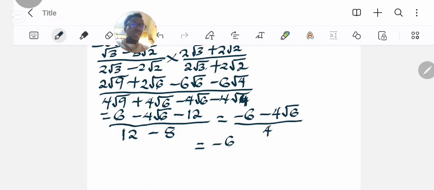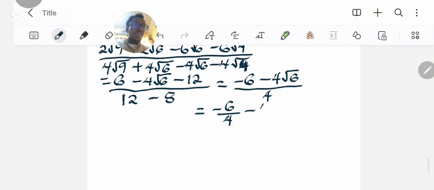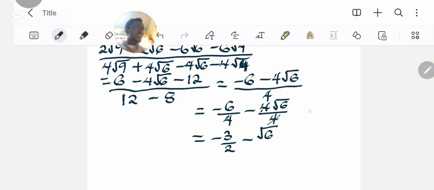So from here, we have minus 6 over 4 minus 4 root 6 over 4. So 2 can go. 2 in 6, we have 3. 2 in 4, we have 2. Minus this 4 cancels this 4. We have minus root 6.